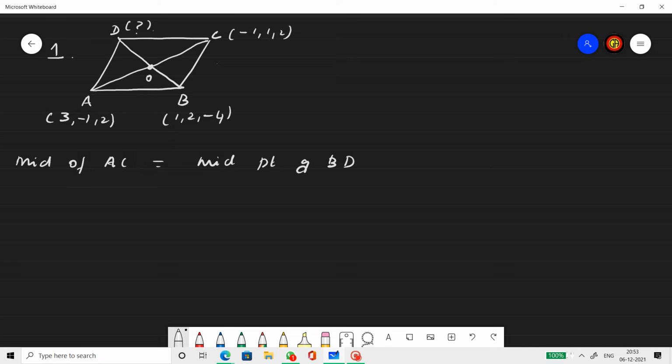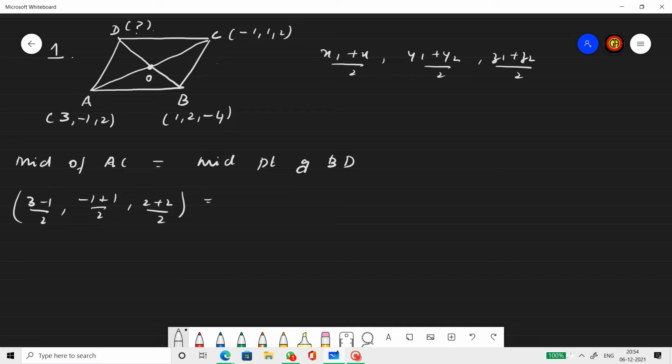Now A's coordinates and C's coordinates are there. What is the midpoint formula? X1 plus X2 by 2, comma, Y1 plus Y2 by 2, comma, Z1 plus Z2 by 2. So we get 3 minus 1 by 2, comma, minus 1 plus 1 by 2, comma, 2 plus 2 by 2. Now for BD's midpoint, let me assume the coordinates of D as x, comma, y, comma, z.